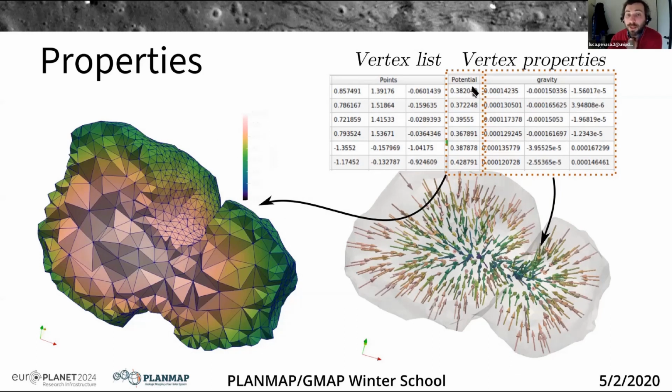And of course, the potential, which instead is a scalar value, is represented here as a color bar, basically. So you have low potential and higher potential on the surface.